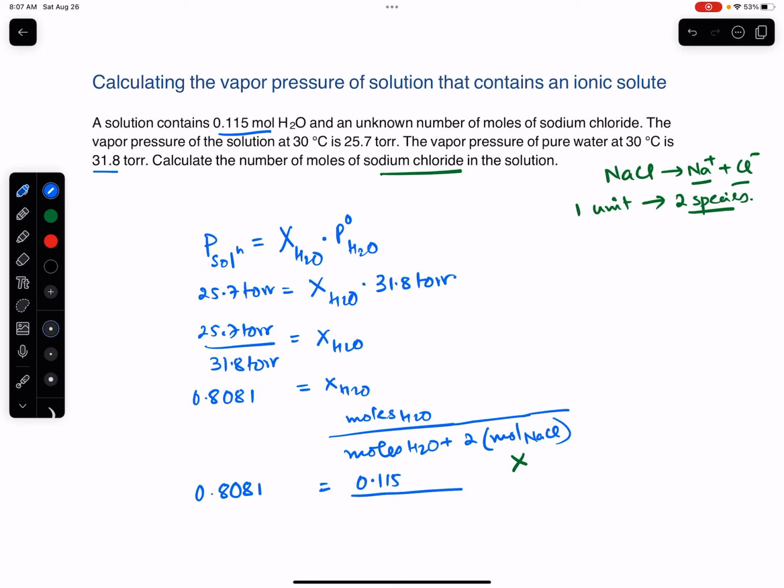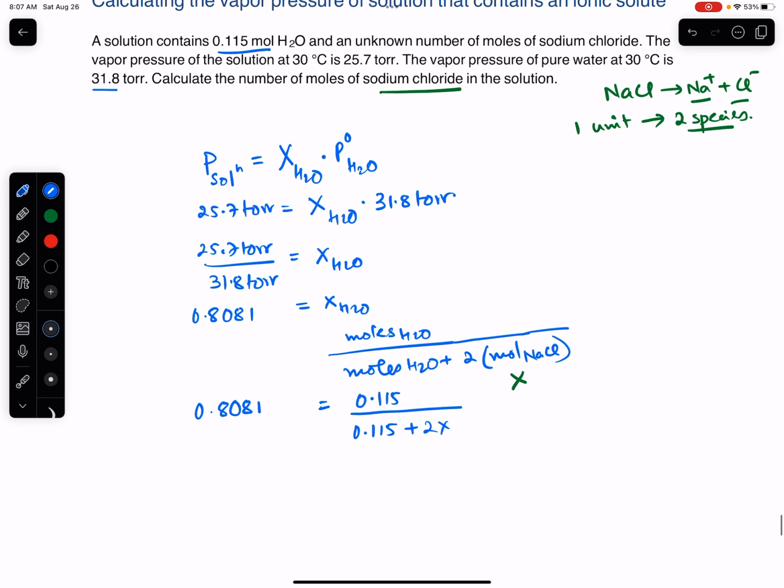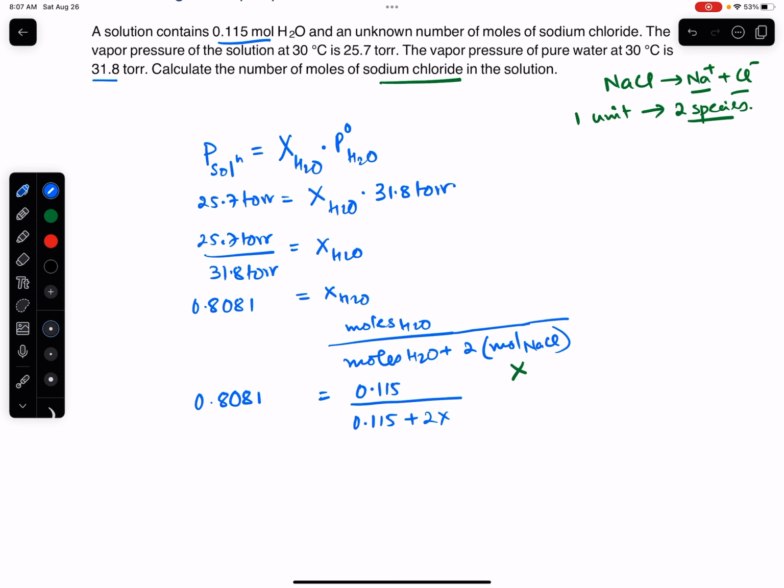We put the 0.115 at the bottom plus 2x. To solve this, we put the 0.8081 over 1 and flip the whole thing on its head. So we get 1 over 0.8081 is equal to 0.115 plus 2x over 0.115.